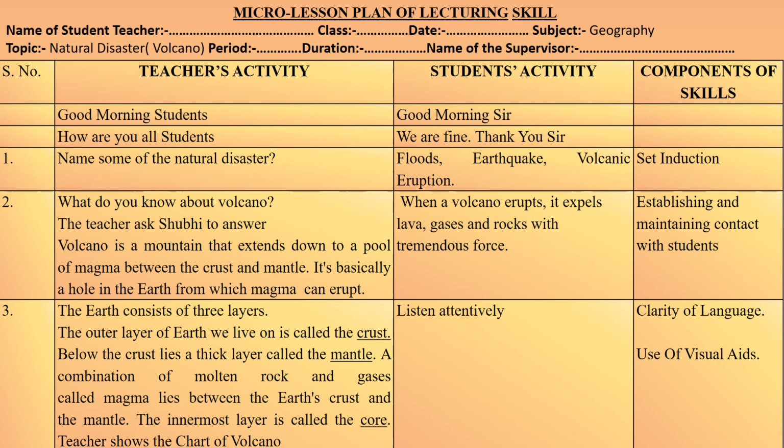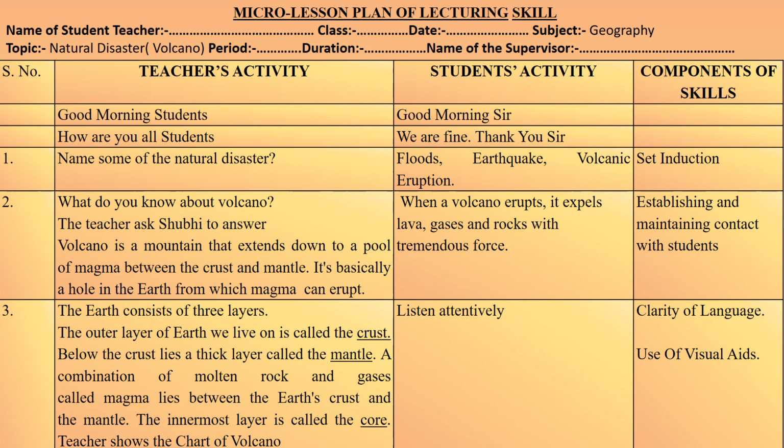The teacher will then lecture, "Volcano is a mountain that extends down to a pool of magma between the crust and mantle. It's basically a hole in the earth from which magma can erupt." The teacher will lecture now that the earth consists of 3 layers.